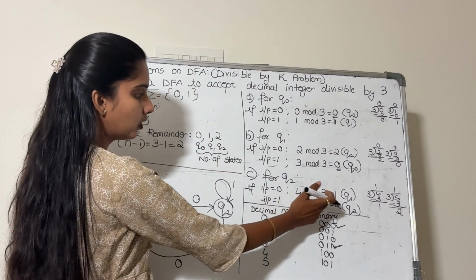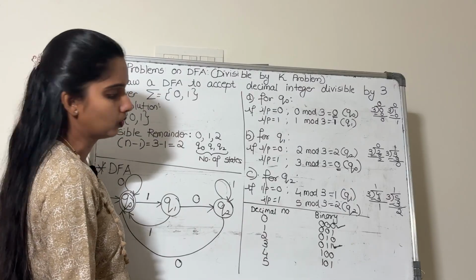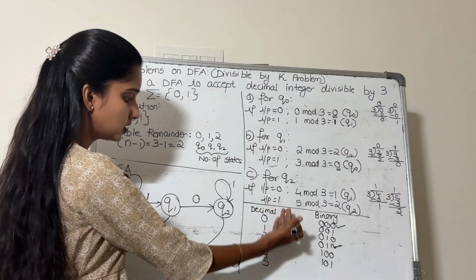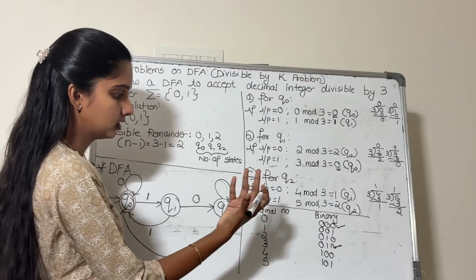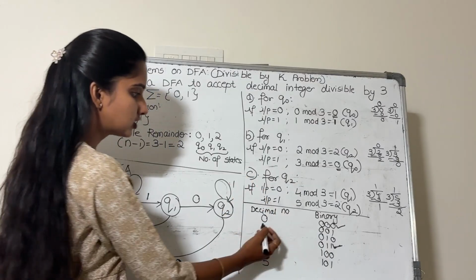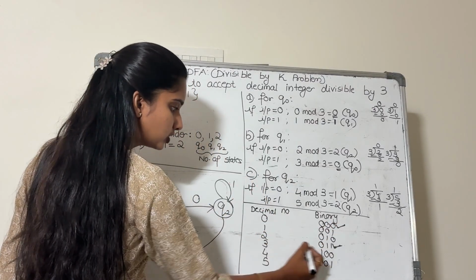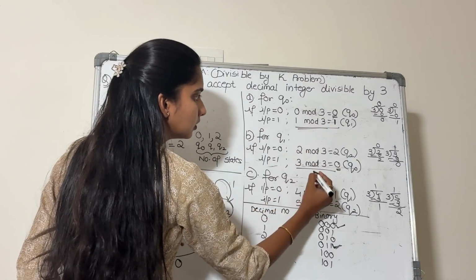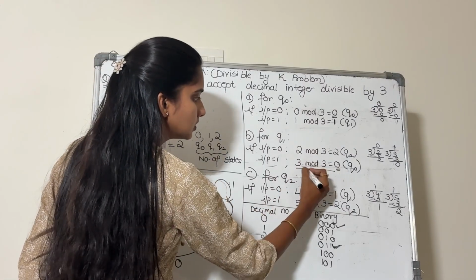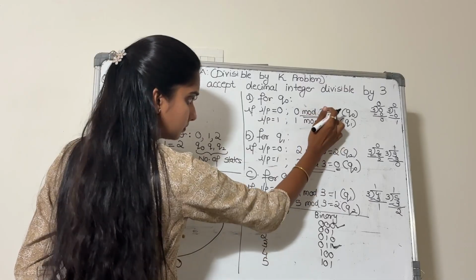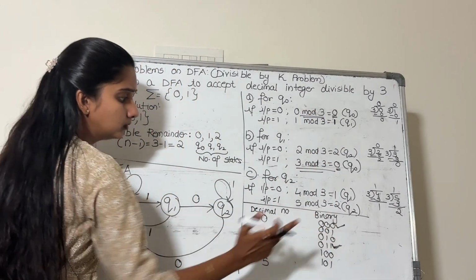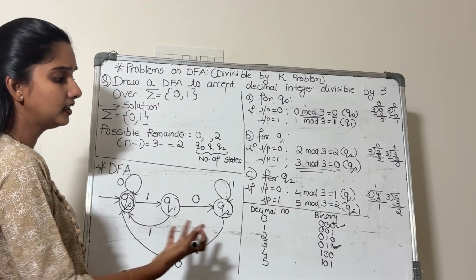For 4 mod 3, no. For 5 mod 3, no. So out of these, only 0 and 3 are giving me the remainder as 0. So only these two binary numbers should get accepted.